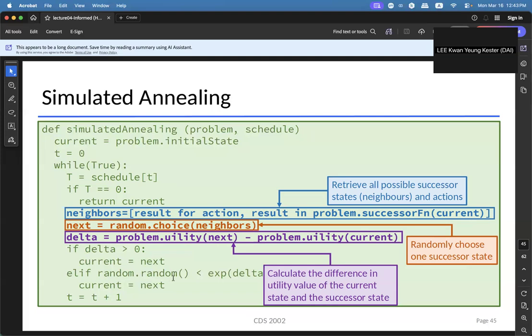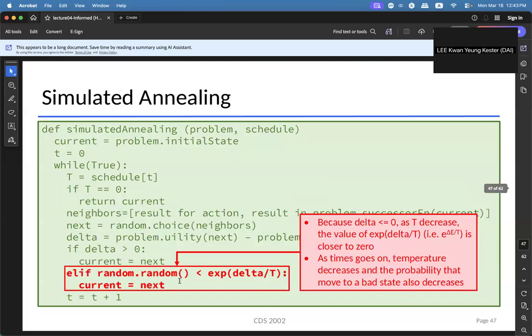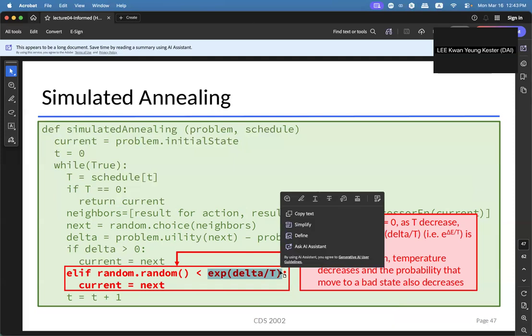On the other hand, if the delta is not positive, then you create a probability threshold. The probability threshold is calculated using both the delta and the temperature.